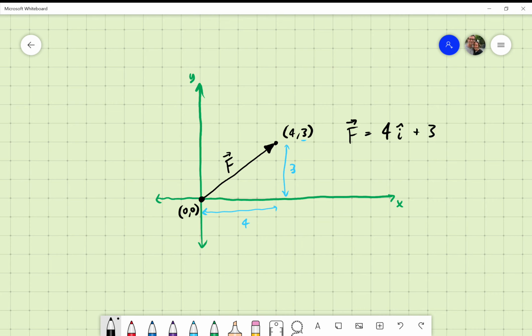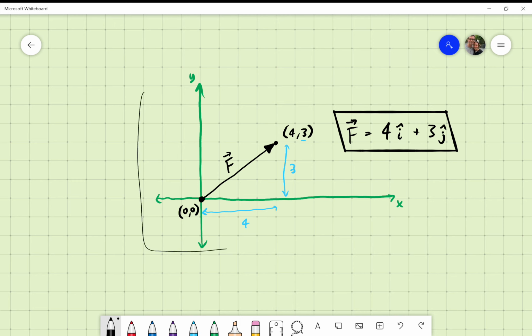Plus 3j. So again, this here contains all of the information as in all of that. That's why it's so useful, so powerful. It's more compact. It's completely understood by everybody the world over. So super useful.